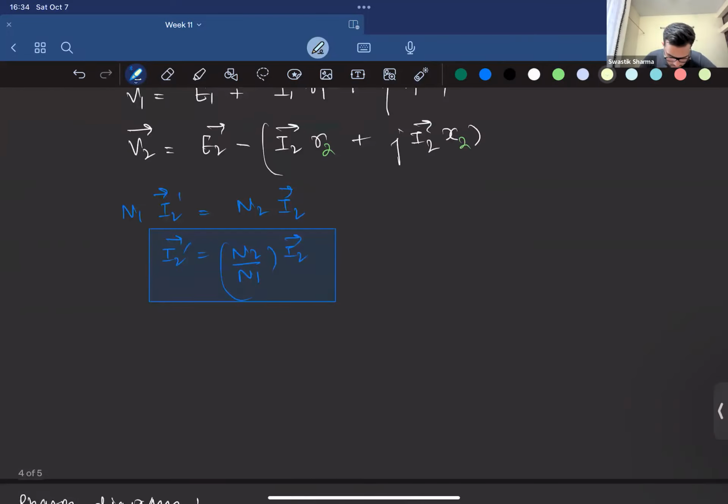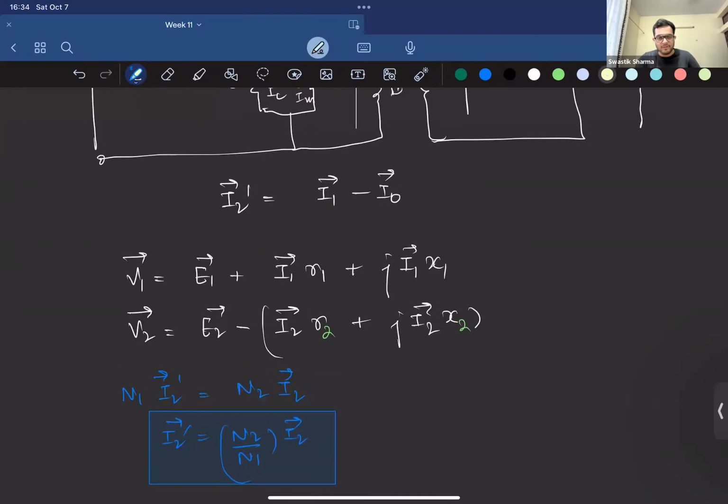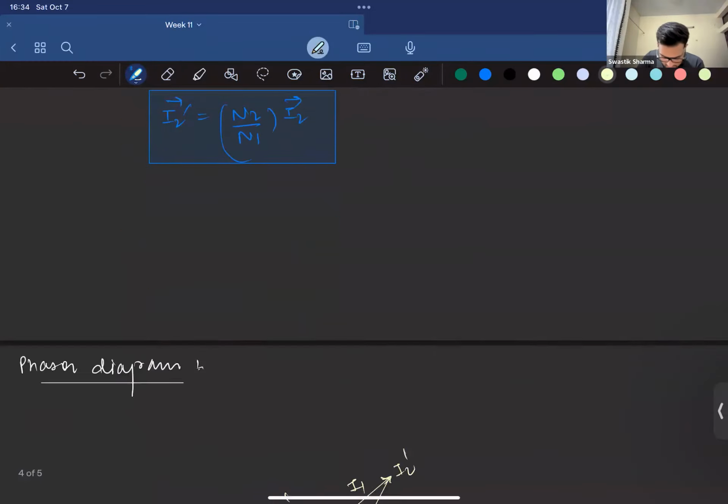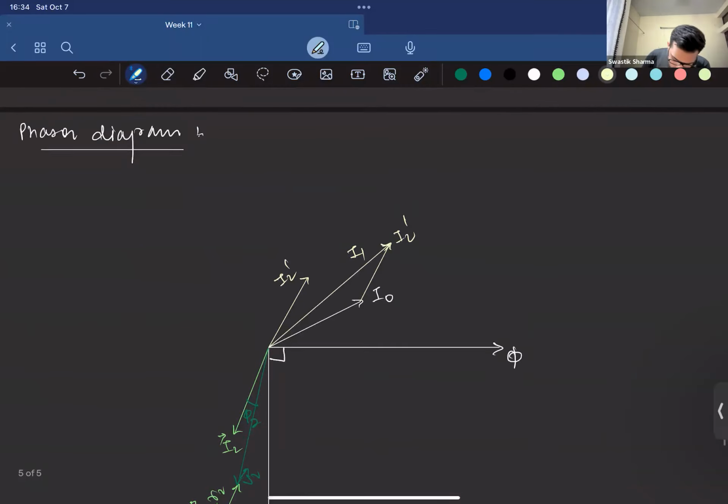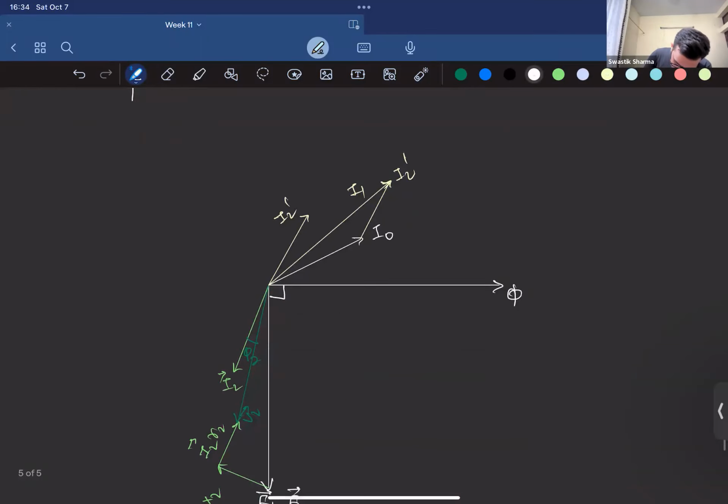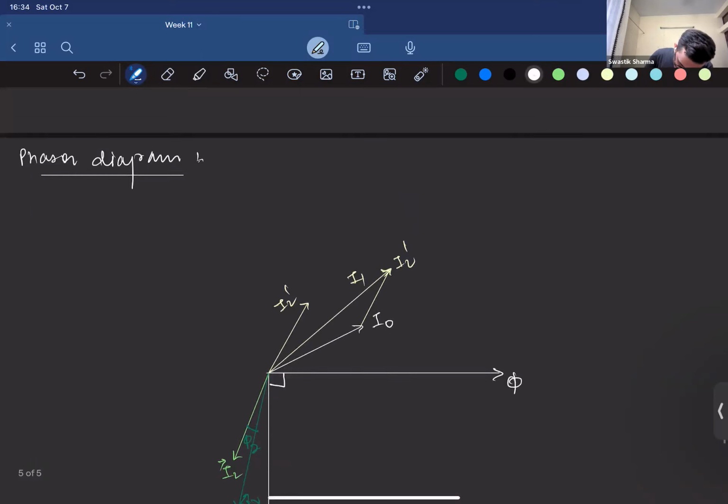Now, how is V1 represented? V1 is represented through this equation: E1 plus I1 times R1 plus j times I1 X1, right? Now if we take a negative, so this is negative E1, right?